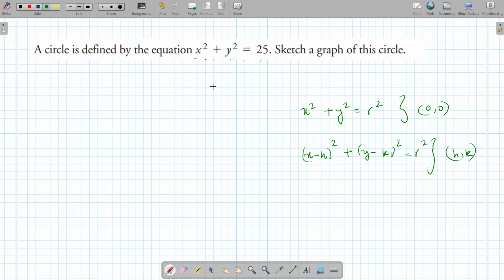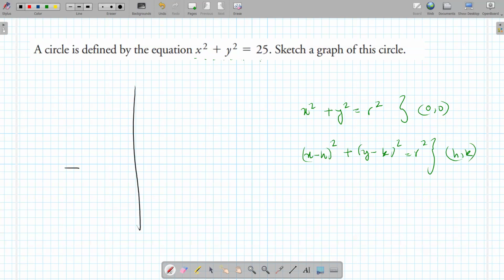X squared plus y squared is 25. Remember, it's r squared on the right side. So if r squared is 25, what's r? It's 5.